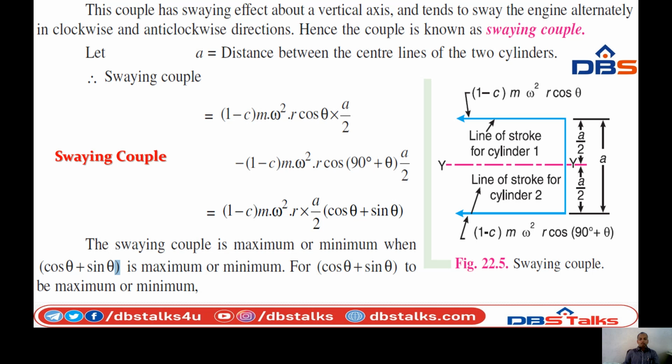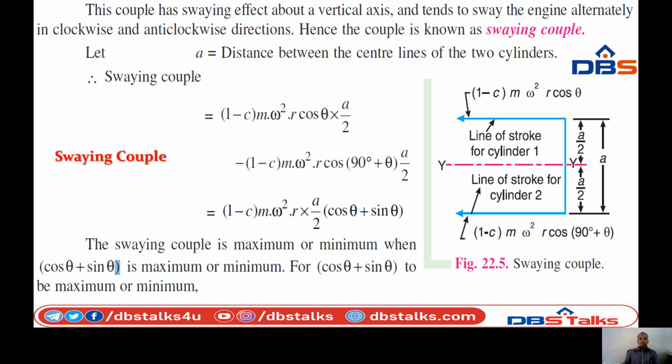This swaying couple affects the vertical axis and tends to sway the engine alternately in clockwise and anti-clockwise directions, hence it is known as a swaying couple. For 2 marks he may ask tractive force, swaying couple and hammer blow. These three are very important for the 2 marks.